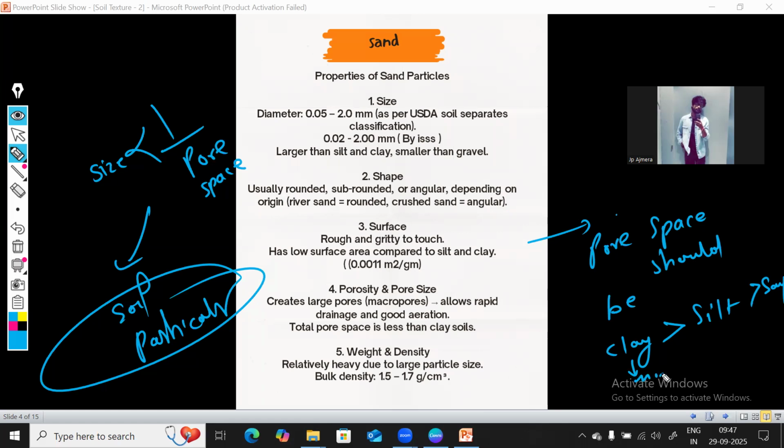We calculate the total surface area for the same volume of sand, silt and clay, and clay has the highest.